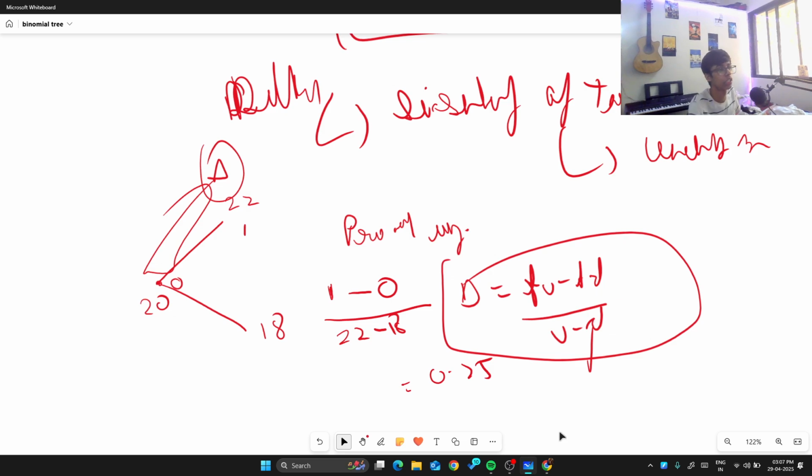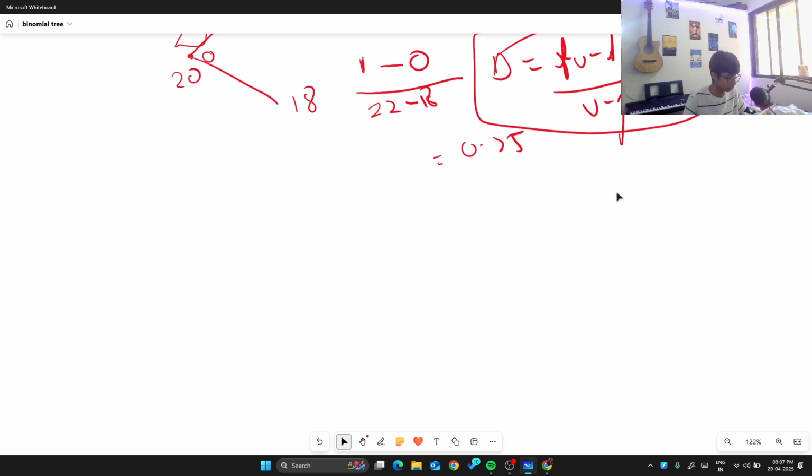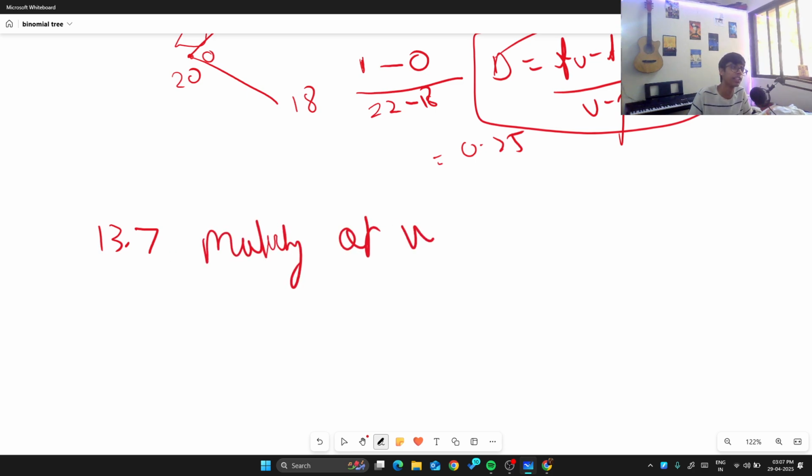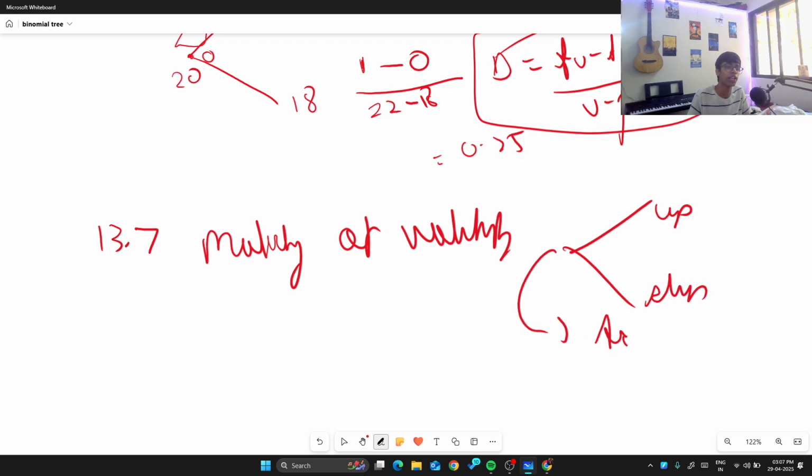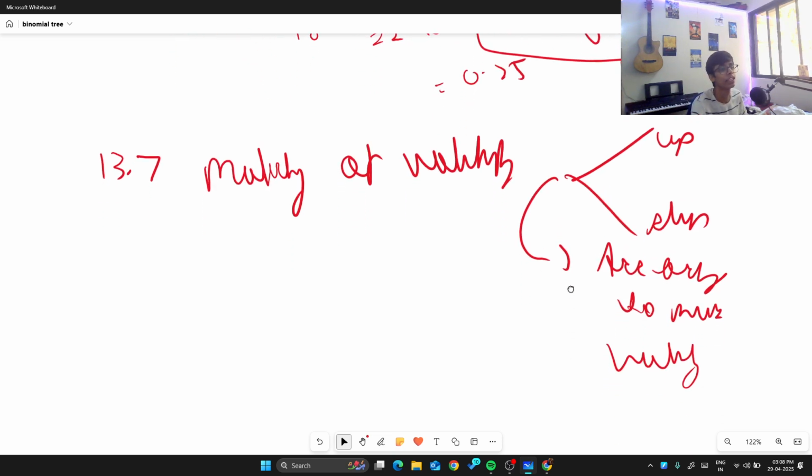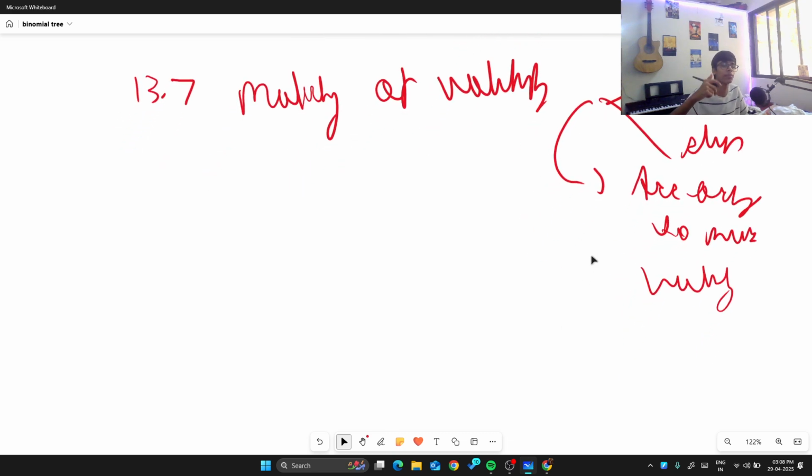And let's look at another important thing, we have to match the volatility. So 13.7 shows the matching of volatility. The up and down movement should be according to the market volatility, right? And volatility is the rate of change of randomness or price change, you understand what volatility is, right?